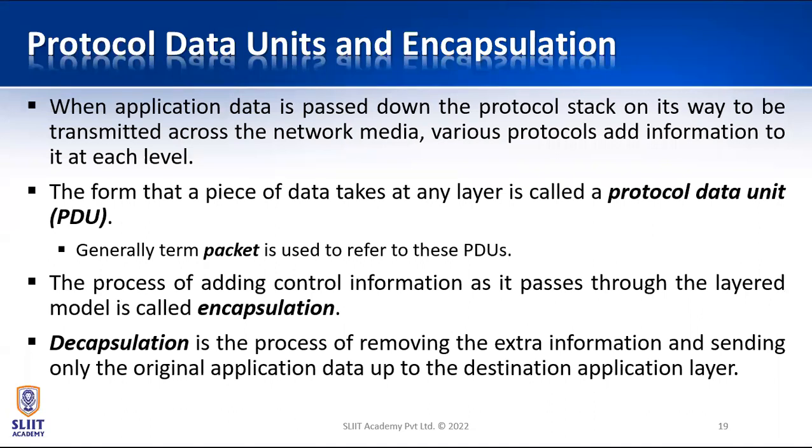So actually it will pass a data packet to the next layer. From that layer, it will read the IP address information and send it towards the upper layers, right? That process is known as decapsulation. Decapsulation means the process of removing extra control information and sending only the original application data up to the destination application layer, right?